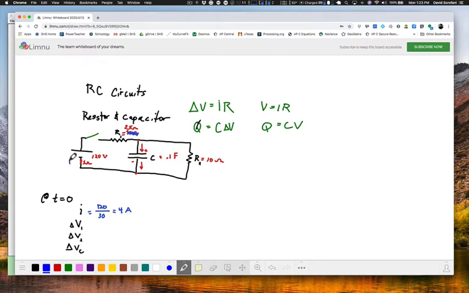Let's call it R_B for the resistance of the battery, and we'll just put that right down here like this, with V_B. Okay, so let's see what these all say.